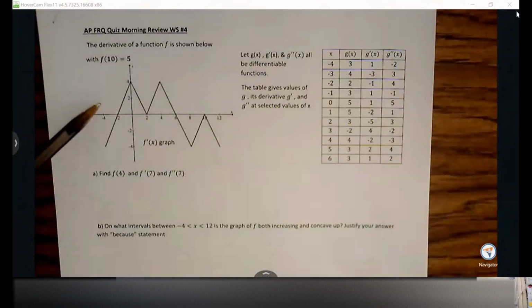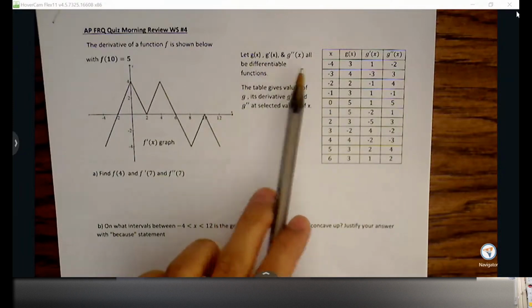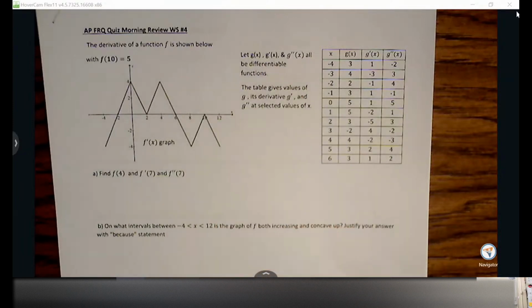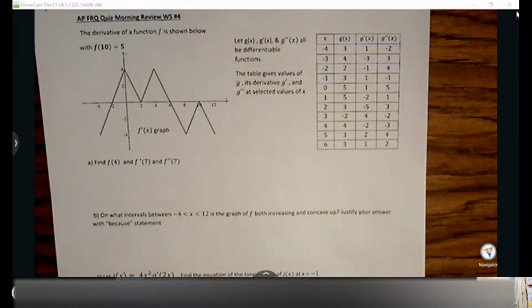Okay, so we have given to us f prime, the derivative of a function, shown with f of 10 is equal to 5. We have a table of values, g, g prime, and g double prime at various ordered pairs. And part A says find f of 4.